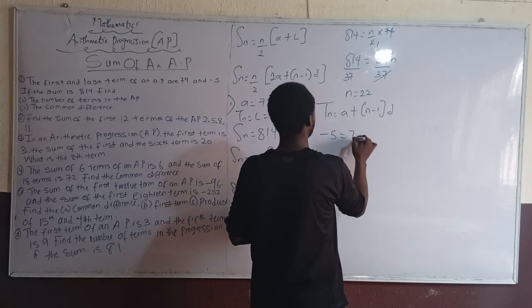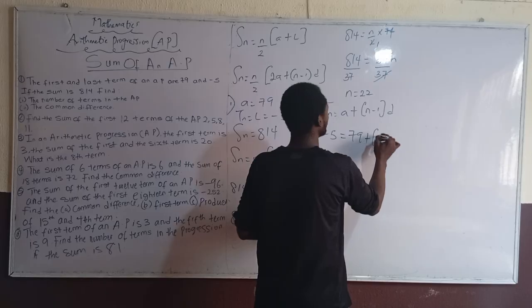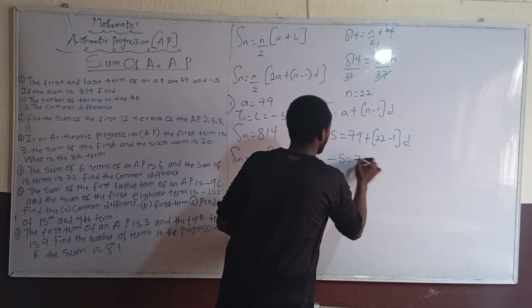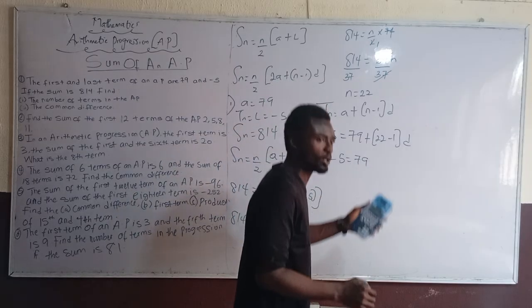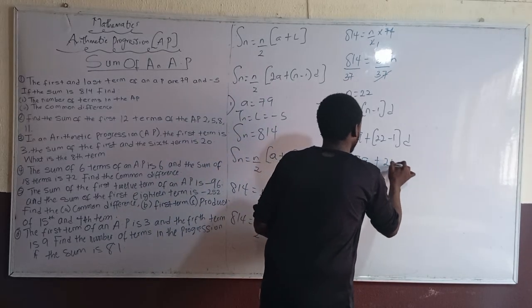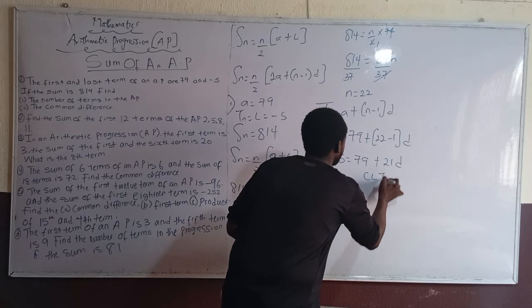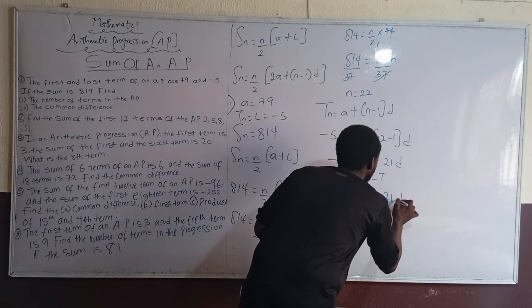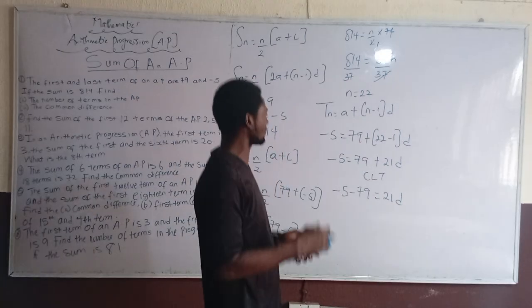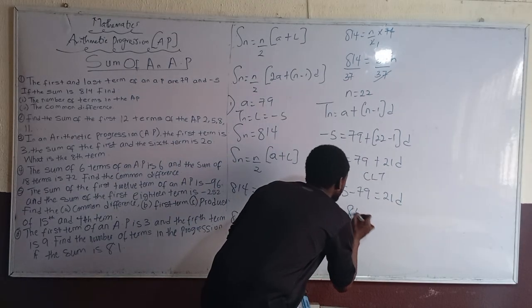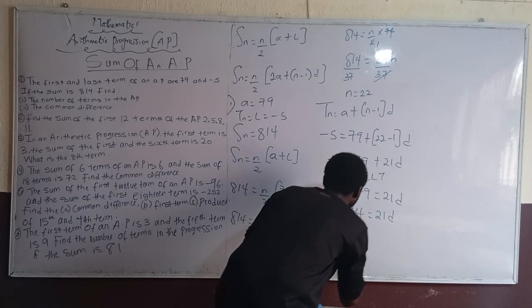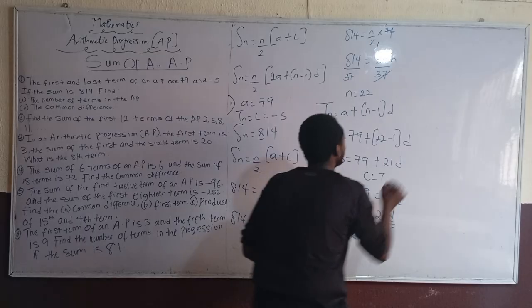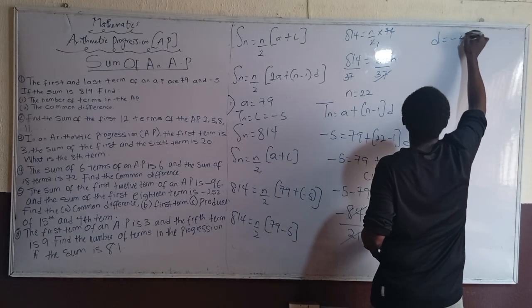My A is 79, number of terms is 22, minus 1 D. So minus 5 equals 79 plus 22 minus 1, that is 21 D. So collect like terms: minus 5 minus 79 is minus 84 equals 21D. Divide by 21, this cancels this. So my D becomes minus 4.